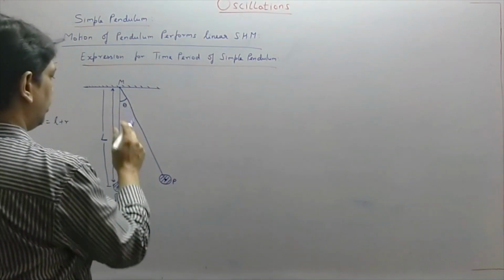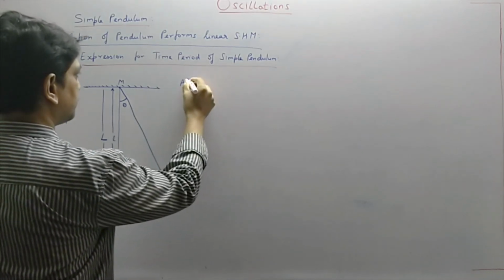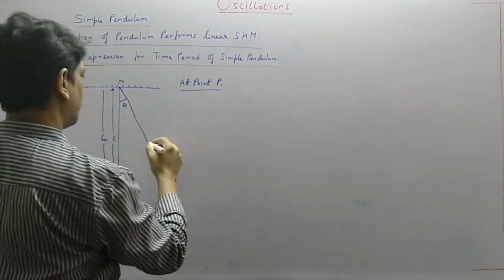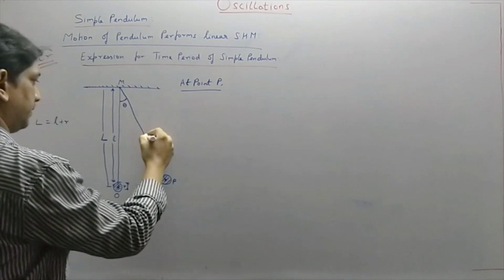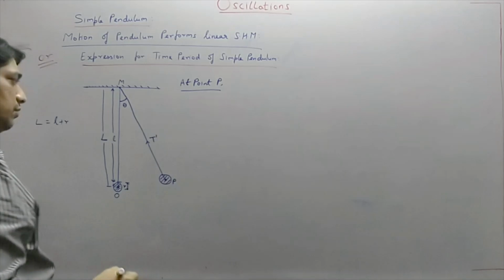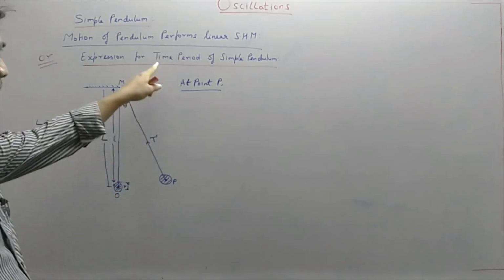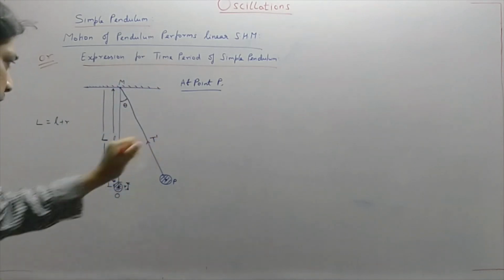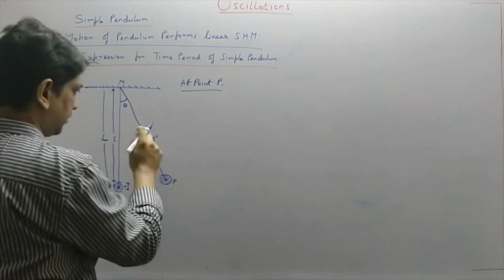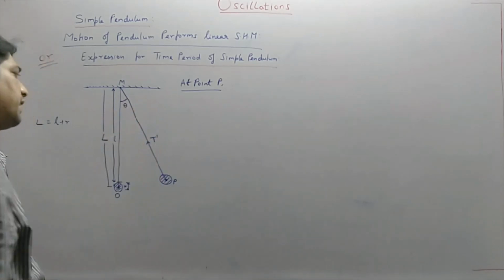Now when the bob is displaced from its mean position to a point P, the force acting on the string is given by T dash. Why do we write T dash? Because the time period will be given by T, so we write the tension as T dash. T dash is the tension in the string, acting along the string at point P. How many forces are acting at point P?